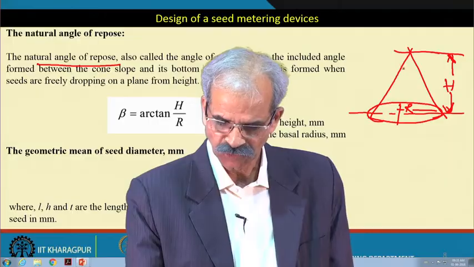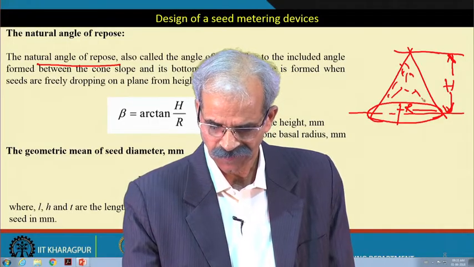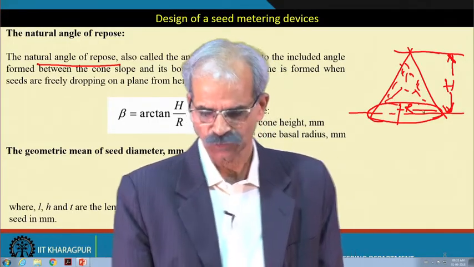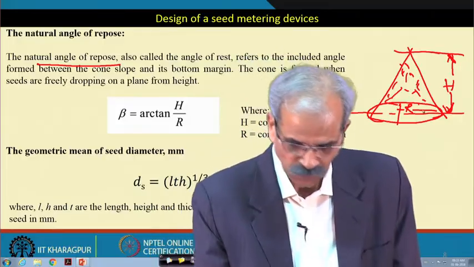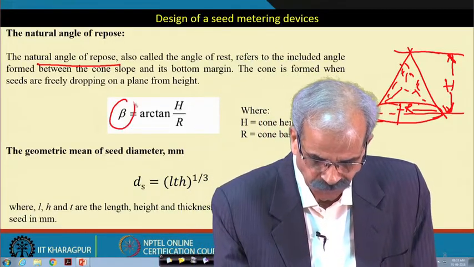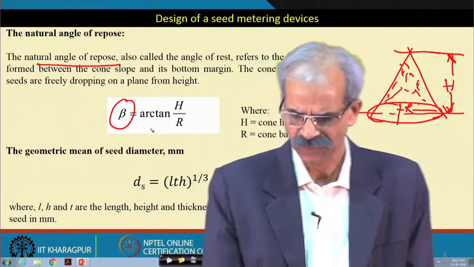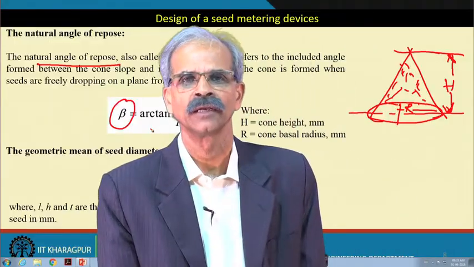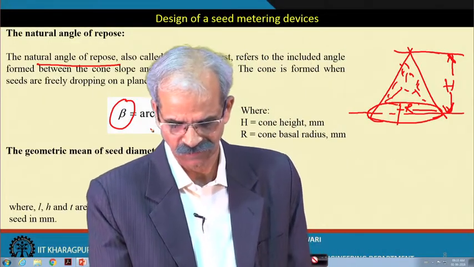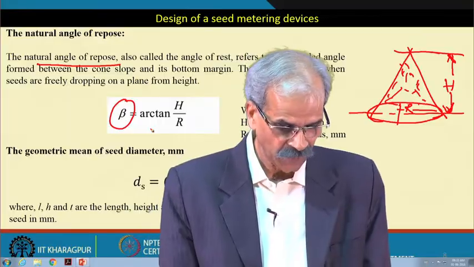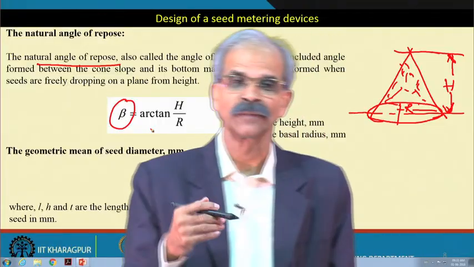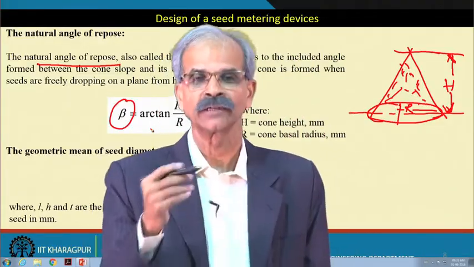So, when the seeds are actually, this is what we are trying to create, what is this, the angle beta. This beta angle is given as this, very simple, from simple geometry you can see how we can get this.